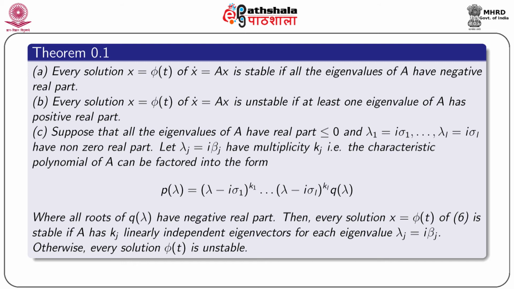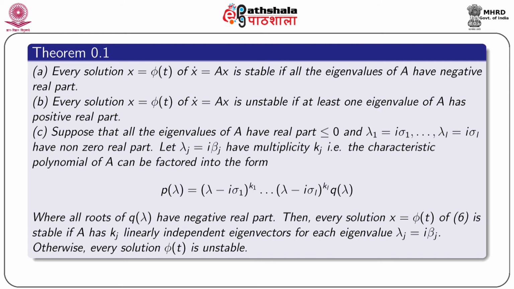Let λ_j equal to iσ_j have multiplicity k_j, that is, the characteristic polynomial of A can be factored into the form p(λ) equal to (λ minus iσ₁)^k₁ ... (λ minus iσ_L)^k_L q(λ), where all the roots of q(λ) have negative real part.